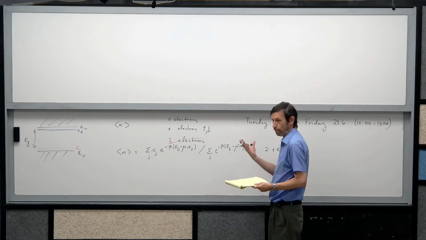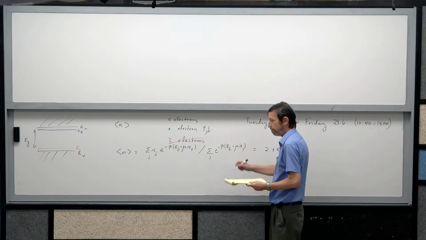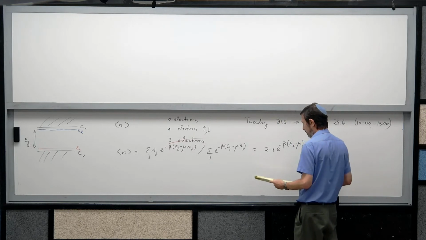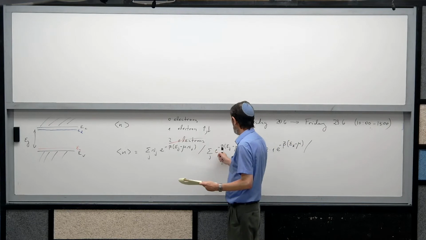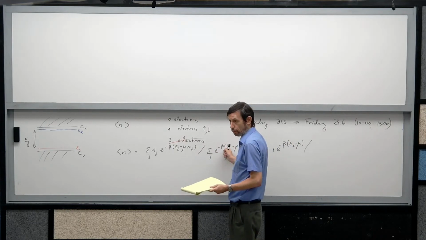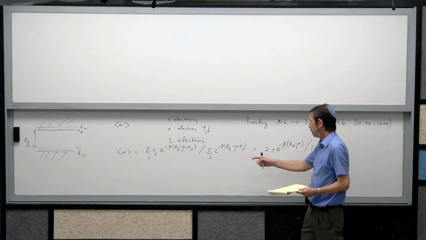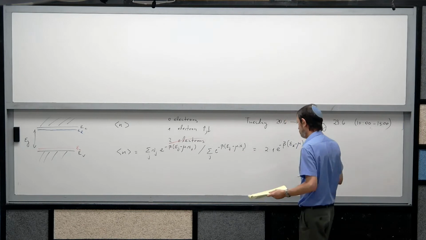If I have an electron, the energy is E_D minus mu. That's the top part. The lower part is if I have 0 electrons, so N and E are equal 0, so it's 1. And I have, again, two states which have the same energy because spin doesn't play any role here.